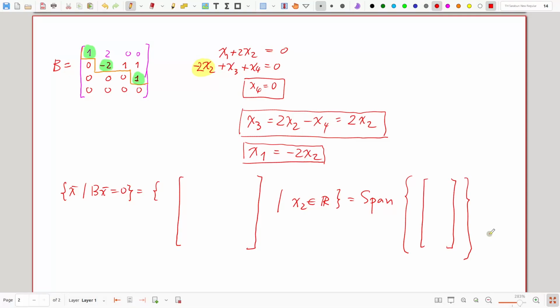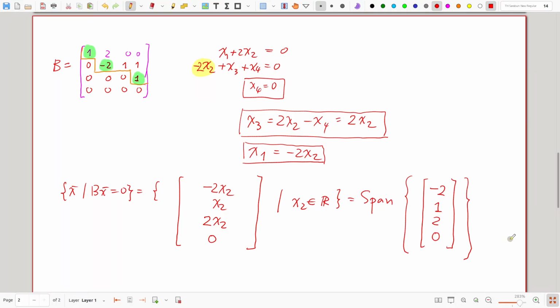If you plug in all the variables that we have worked on, we get that x4 is 0, x3 is 2x2, x2 is x2, and x1 is minus 2x2. You can see that this is the span of this vector, minus 2, 1, 2, 0.